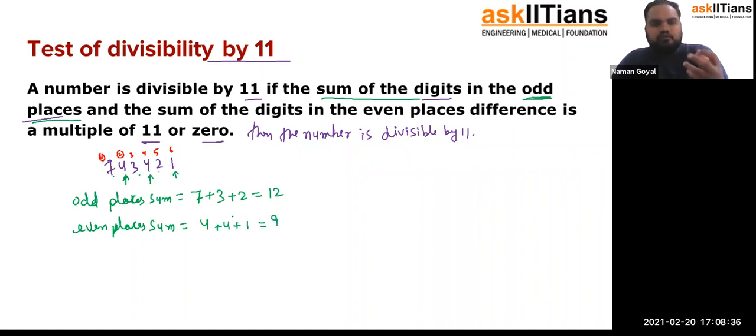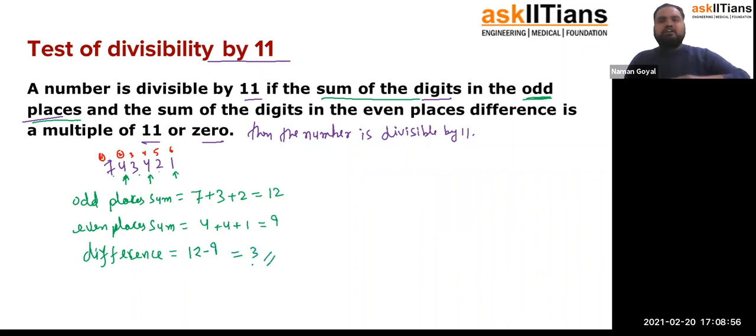Now you have to find the difference between the sum of the odd places and the sum of the even places. The difference is 12 minus 9, so it will be 3. If the difference you got is a multiple of 11 or 0, then we can say that it is divisible by 11.